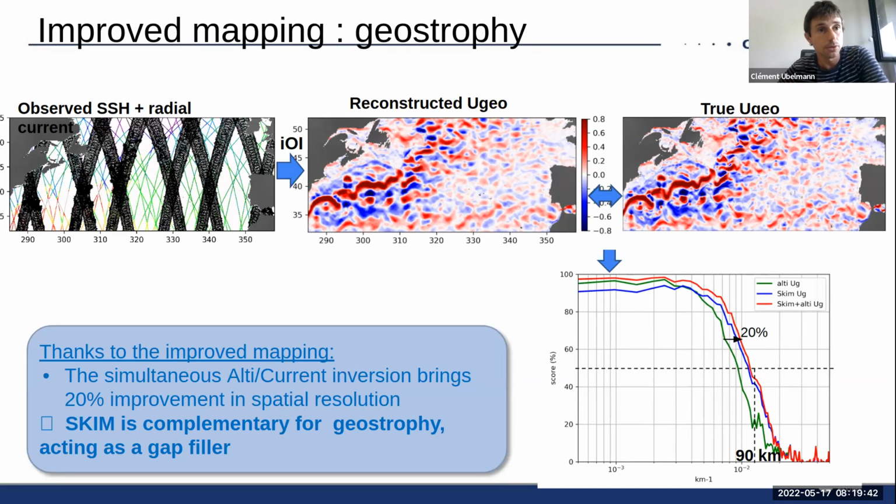First, for geostrophy, it's interesting to note that with this improved mapping, we can also improve geostrophy. Here you can see the red curve, which is this simultaneous mapping over all the curves. It takes the better of each curve: the better of altimetry at medium to large scales, and the better of the scheme at short scales. That's good to see.